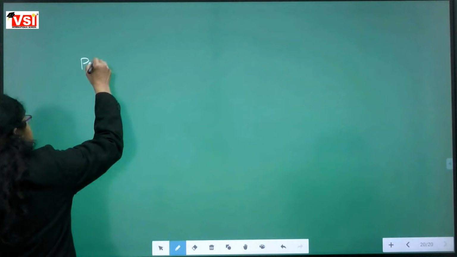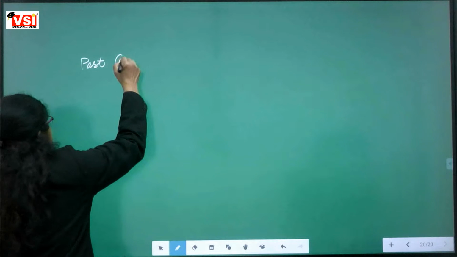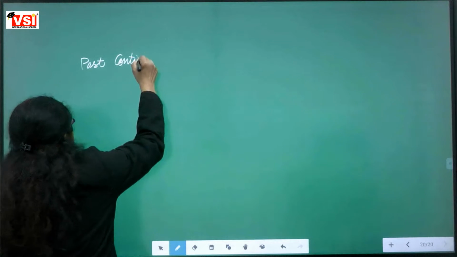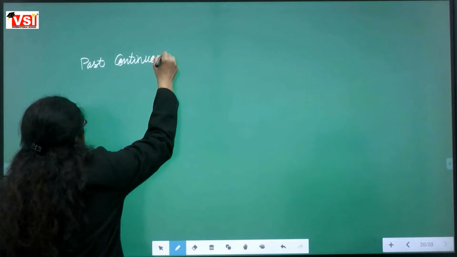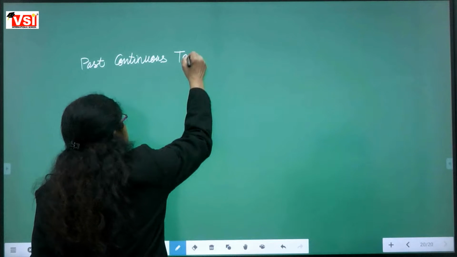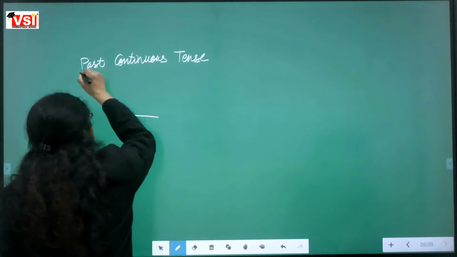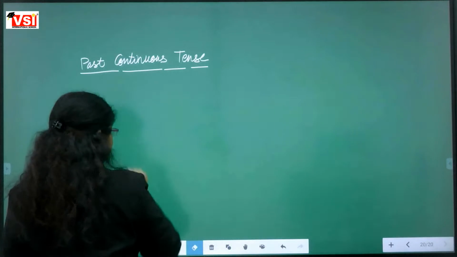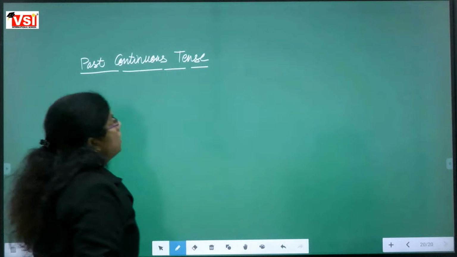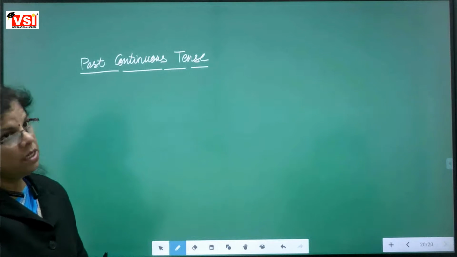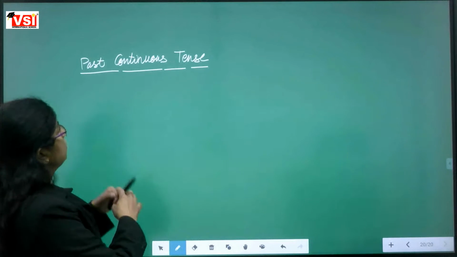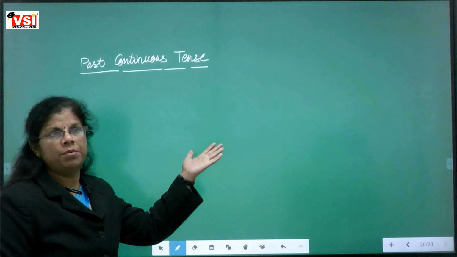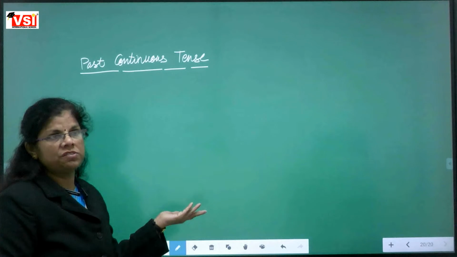That is past continuous. Past continuous tense. We are learning about past continuous tense. Continuous means ing will be added, and ing will be used in this kind of sentence.